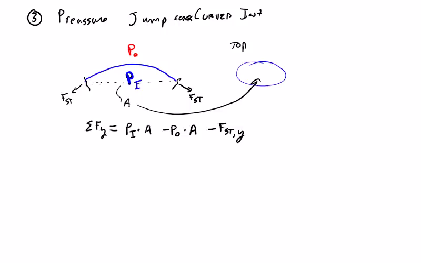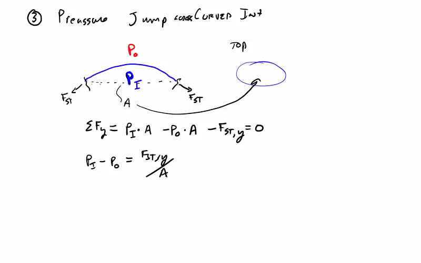If I slice this off in the middle, there's a line there, and so there's going to be a force of surface tension in the y around that contact line. If I did a little bit of math, I would get Pi minus P0. If this is in equilibrium, this equals 0, equals the force of surface tension in the y direction over that area.